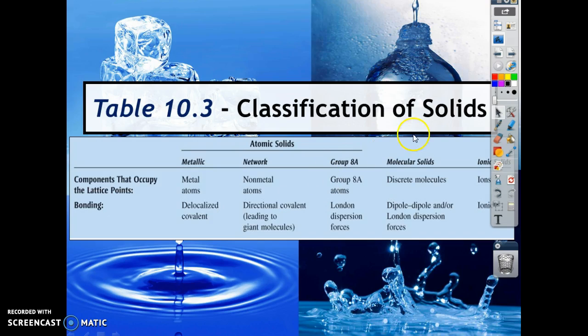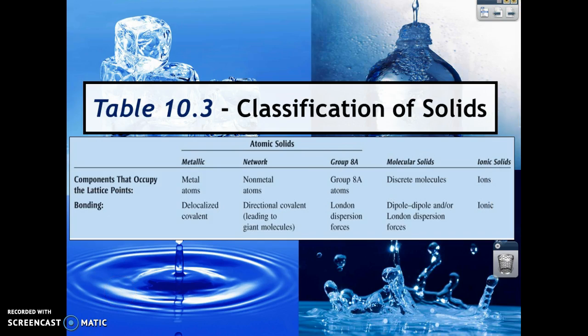And then we have our molecular solids, which would be between these molecules that have dipole-dipole London dispersion forces, like hydrofluoric acid or hydrochloric acid, or something that's between hydrogen and a really electronegative element. And lastly, ionic solids are going to be between those ionic molecules.